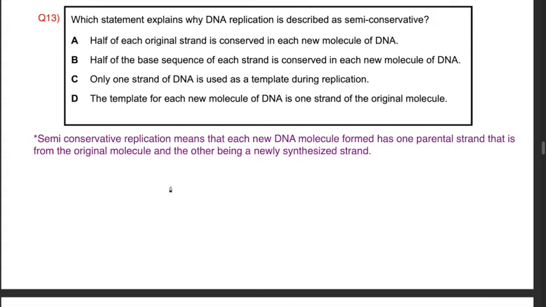For further visualization and diagrams, do refer to your textbook. It should probably have the DNA replication diagram, which will help you understand this question more clearly. Nonetheless, the statement that explains why DNA replication is described as semi-conservative is answer D: the template for each new molecule of DNA is one strand of the original molecule.